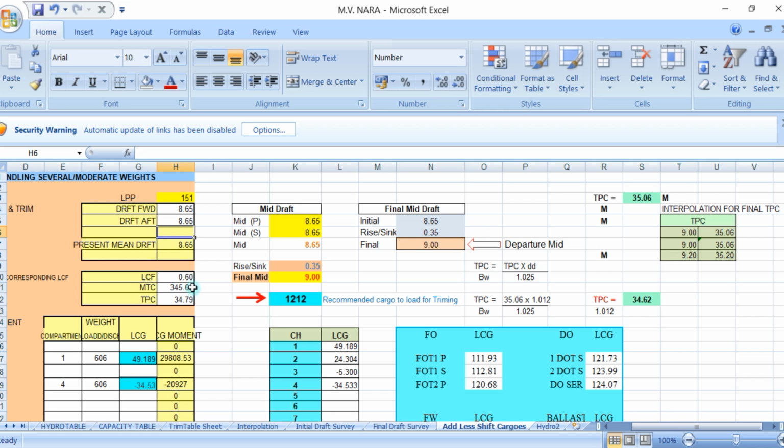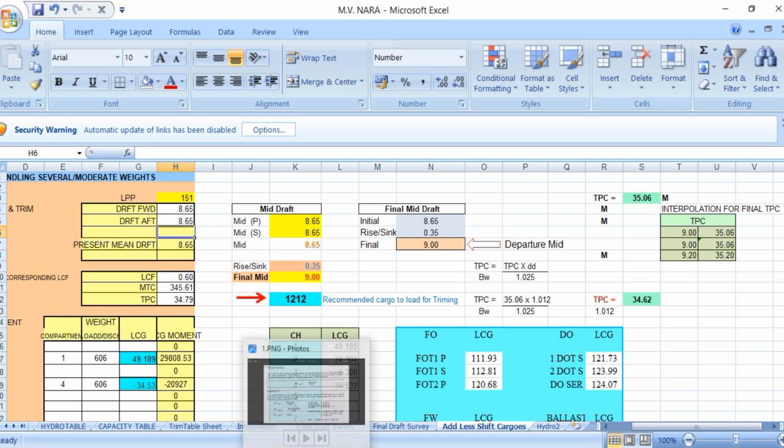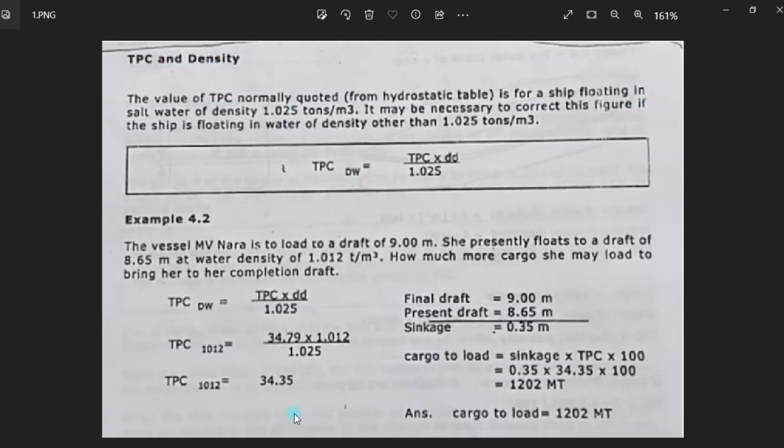His LCF is 0.60, MTC is 245.61, and this TPC is 34.79. So this is the TPC of 8.65. But he wants the TPC of the density of 1.012, which is this one, 34.85.